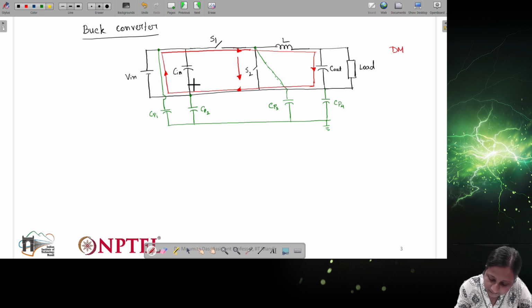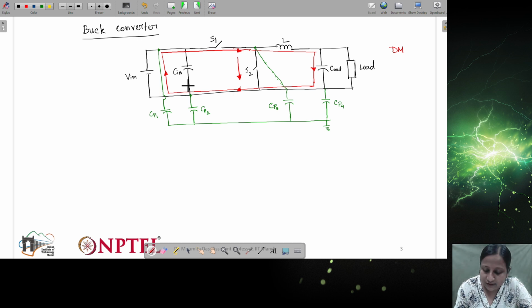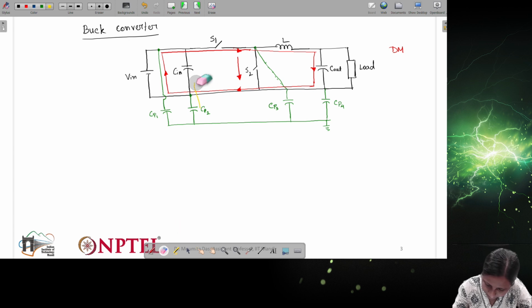it will come from this, due to this electric field. So this is basically voltage driven noise. Then it will come from this parasitic capacitance. So this is the parasitic capacitance noise, and it will come from this particular path.